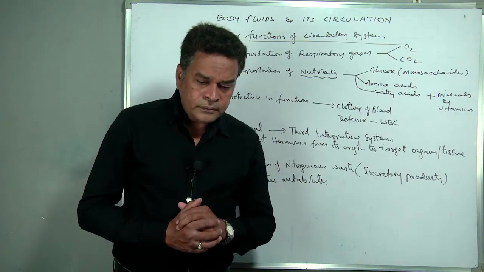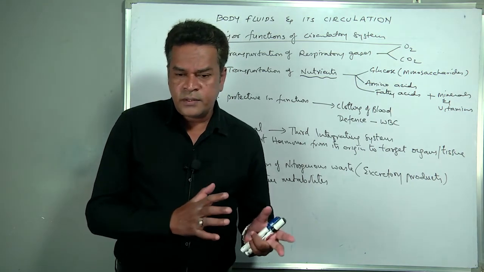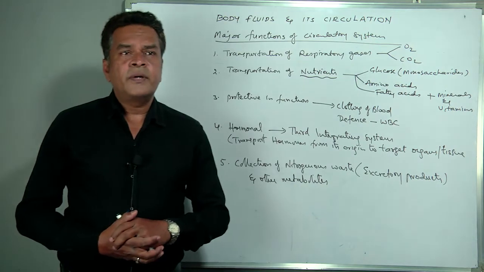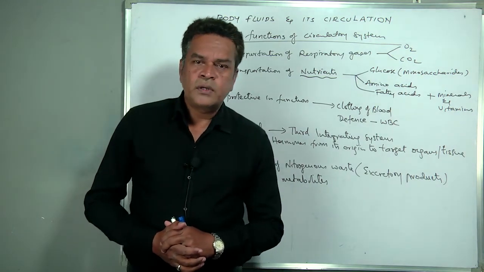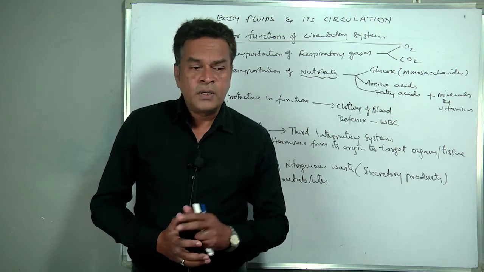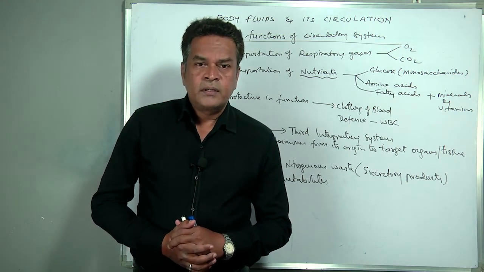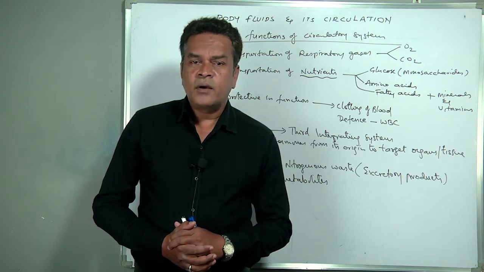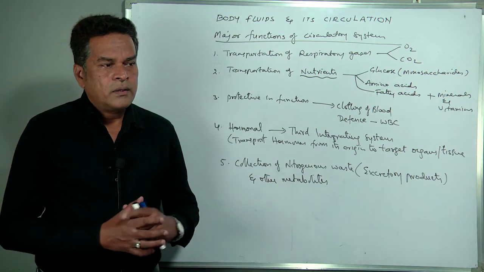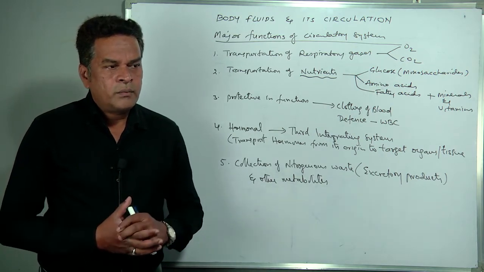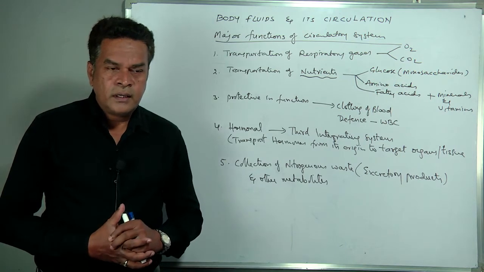And we'll see in the kingdom Animalia, depending on the type of animals, from simple forms to more complex forms of organisms, a different method of circulatory system, depending upon their complexity. Now we'll discuss the different types of circulatory system that you find in animals.